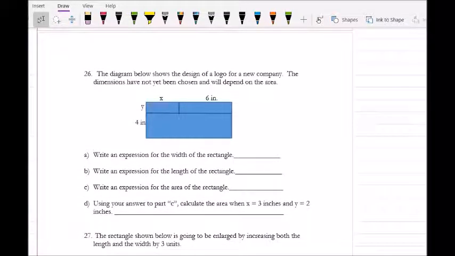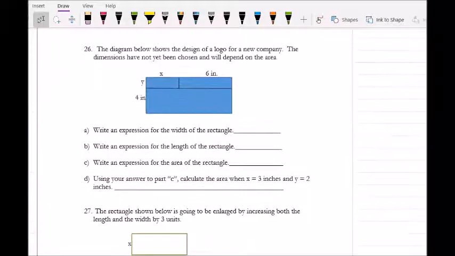Okay, this one looks a little more complicated, but I bet it's not even as bad as you think. All right, number 26. The diagram below shows the design of a logo for a new company. The dimensions have not yet been chosen and will depend on the area. Write an expression for the width of the rectangle.